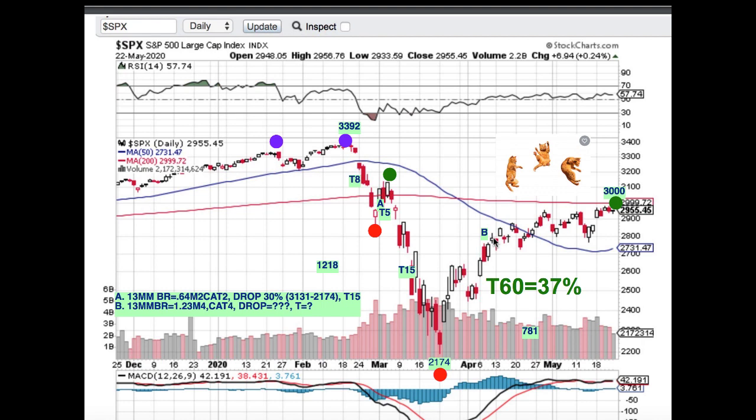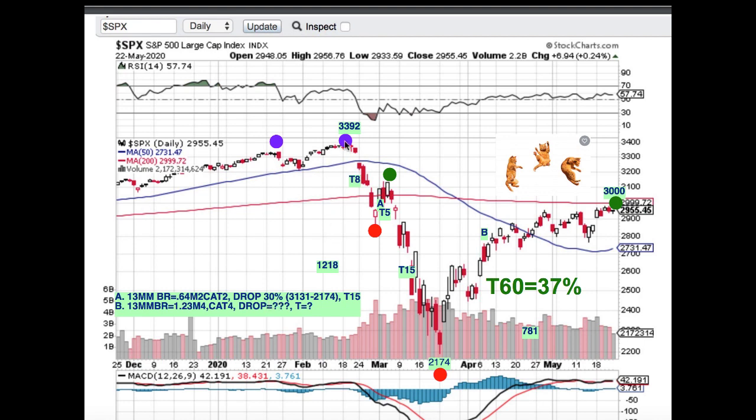The biggest drops in the markets actually happen after a bounce B formation, which is exactly where we are at. So here was bounce A. This is bounce B. So far, this bounce right here has a ratio of 0.64, magnitude 2, category 2, that was followed by a 30% drop.